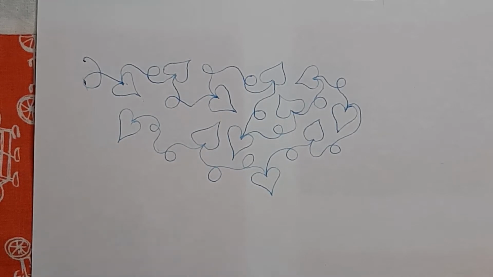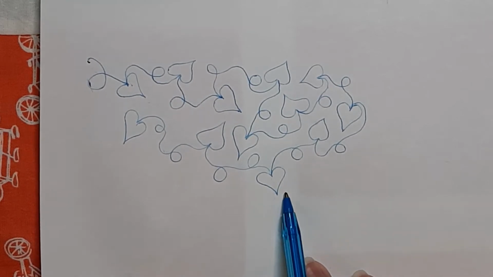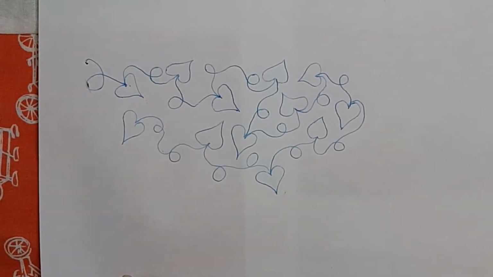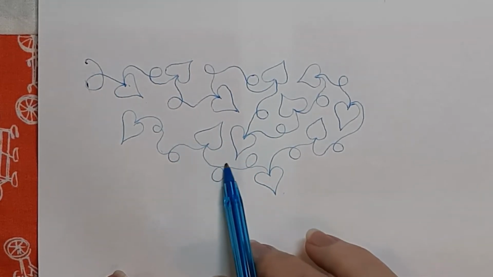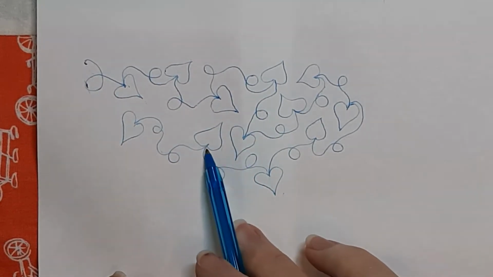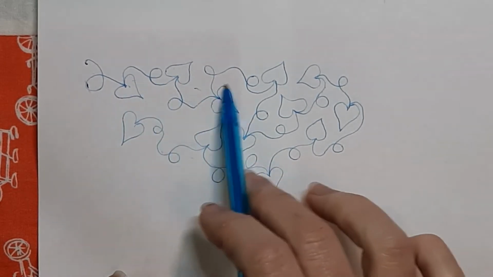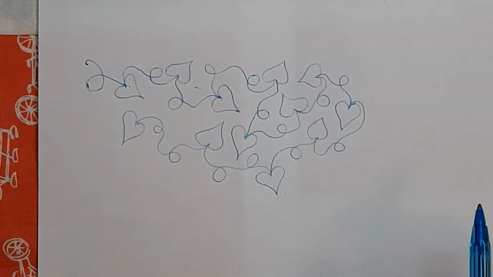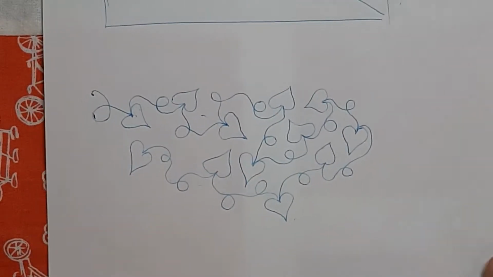You'd have to be pretty pedantic to sit there and count whether you've got a heart and a loop following each other all the way across your quilt. So this is a technique that you can use so that you can get in and change the direction of your hearts so that you don't end up with them all in a repeating fashion. That's something we want to try and avoid. So this is our design for today.